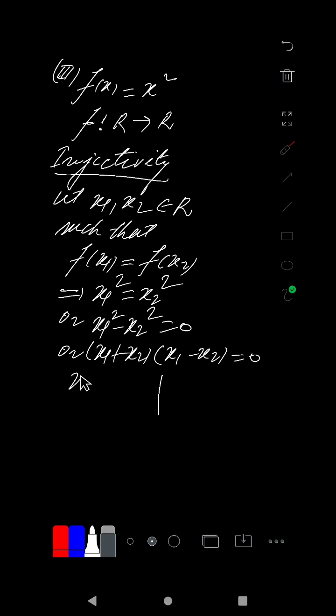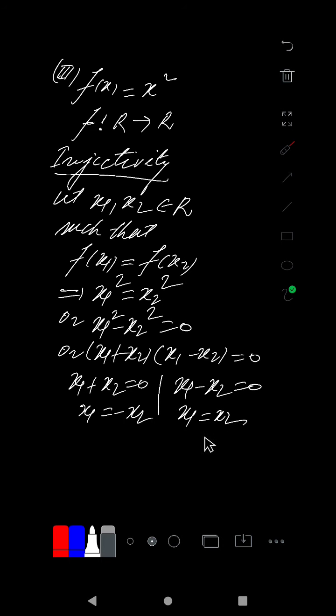So either x1 plus x2 is equal to 0 or x1 minus x2 is equal to 0. Both are valid results because the sum of two real numbers may be 0. So we have either x1 is equal to minus x2 or x1 is equal to x2.